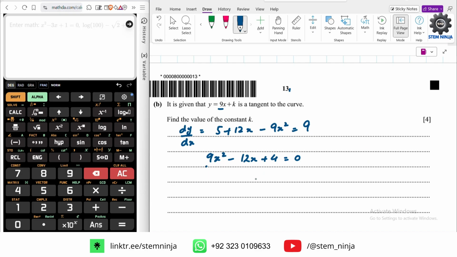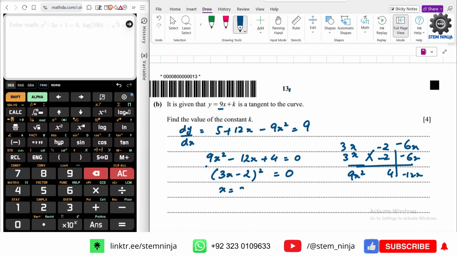Sum and product. So 9x squared, 4, minus 12x. So this is 3x, 3x, this is 2, 2. So 6x, 6x. Only possible if both are negative. So that means this is indeed the square of 3x minus 2. So this would lead us to x is equal to 2 over 3.